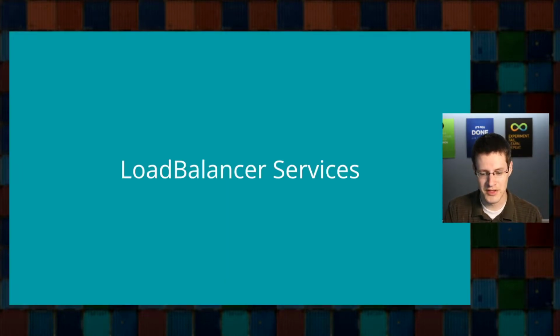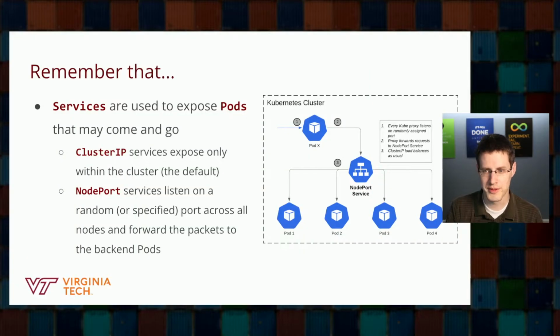So let's talk about services a little bit here. Load balancer services. And in order to do that, we'll do just a little bit of recap on NodePorts. As you remember, services are just objects that we declare that are used to expose pods, okay? And there's a variety of different levels of exposure that a pod might have.